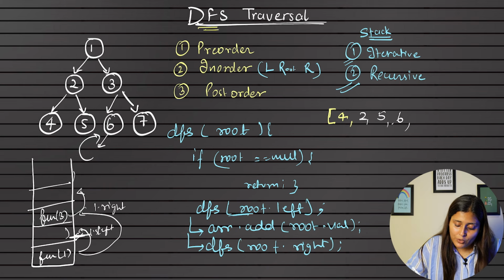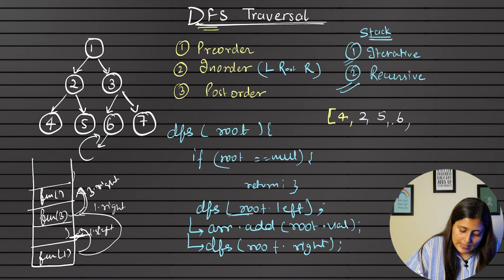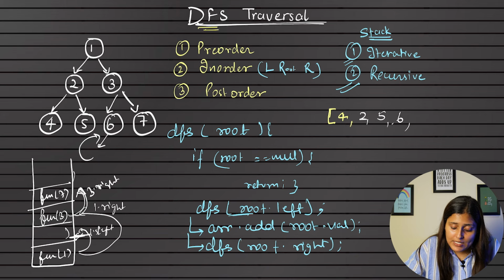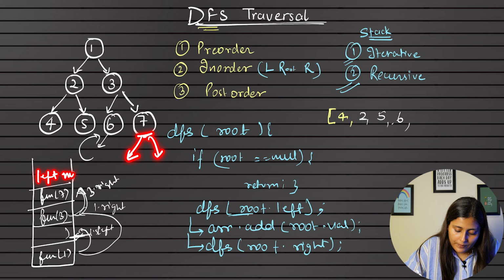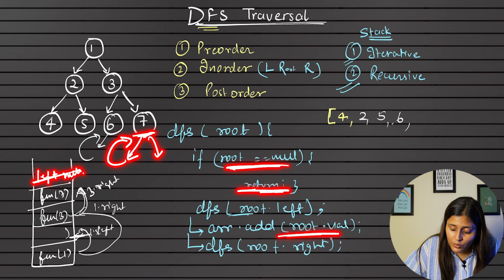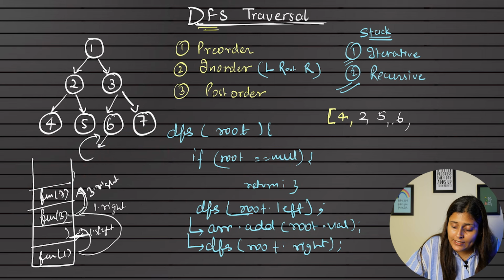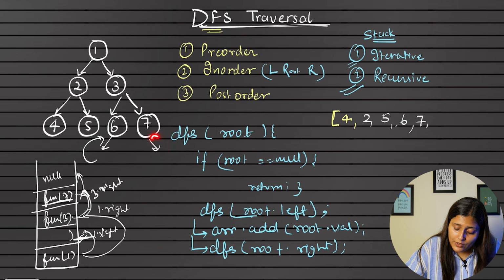Now back to 3, we will call 3.right. 3.right is nothing but function 7. Done. Now for function 7 again we will call left, which is nothing but null. Now when null gets returned back, because root is null, return. So now root.value, means 7, will get added here in the array. And now the 7.right call, which is again null, will get called. Again root is null, so it will also get returned back.